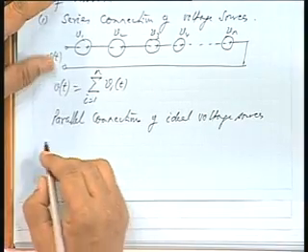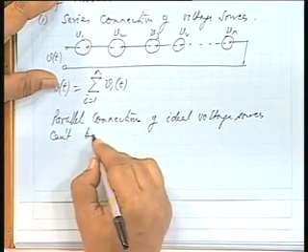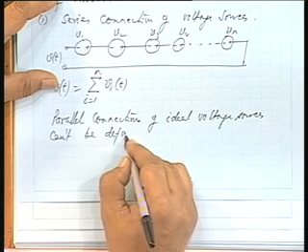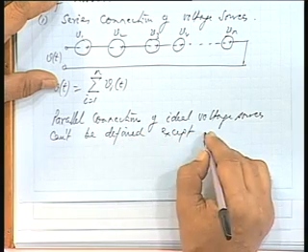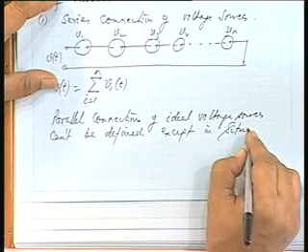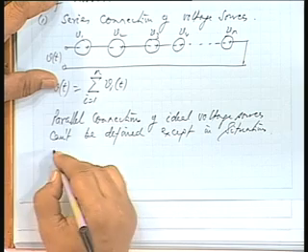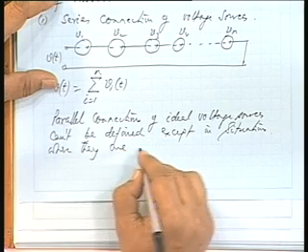It is undefined. Okay. You can connect ideal voltage sources in parallel only when they are having identical voltages. All right. So, cannot be defined except in situations where they are all identical.